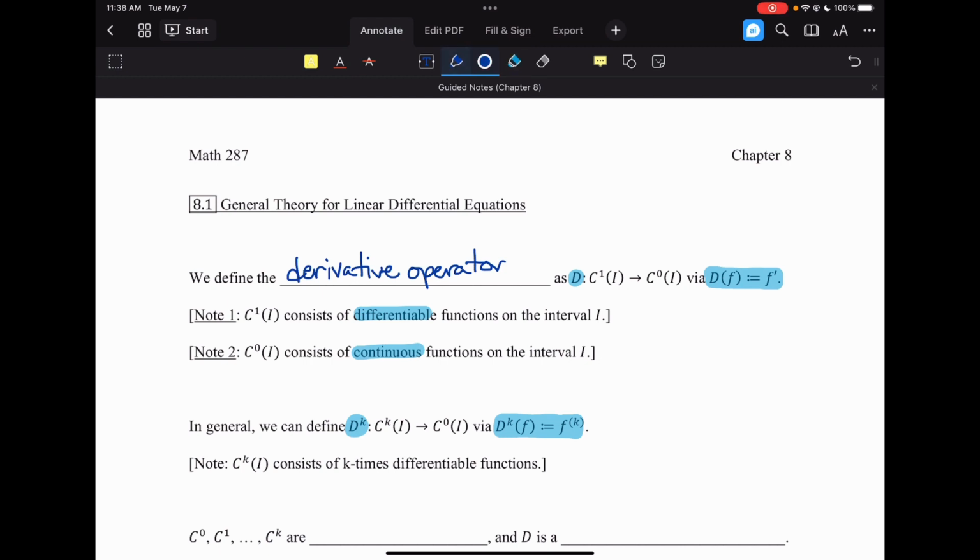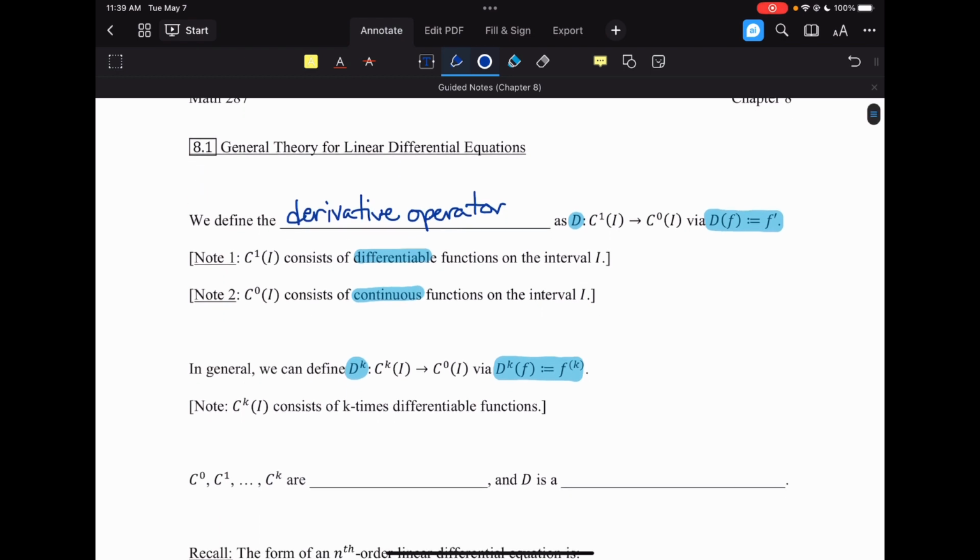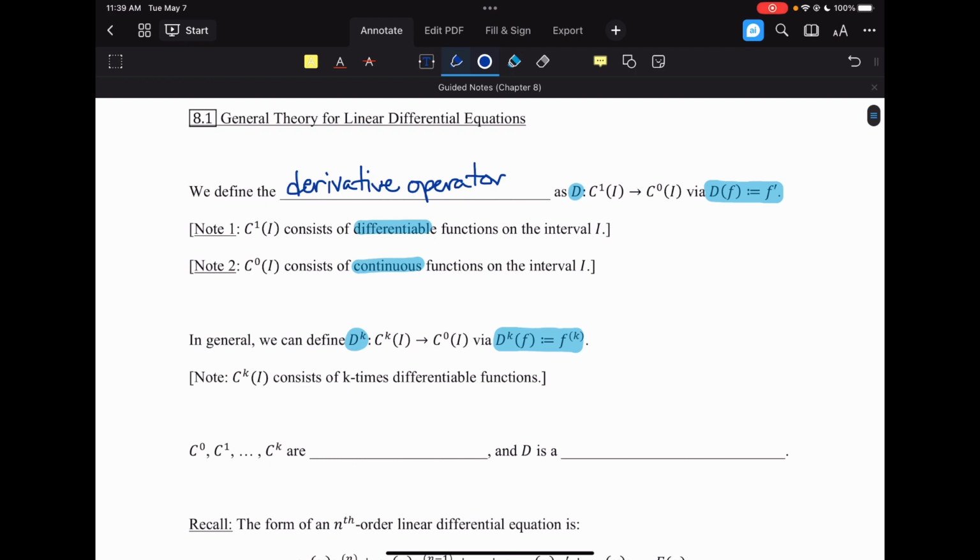So we're going to be using the derivative operator to signify derivatives being taken because it's going to simplify our notation greatly. Instead of writing y's with primes or that derivative notation, we're going to see the D values are a little bit more straightforward to write.